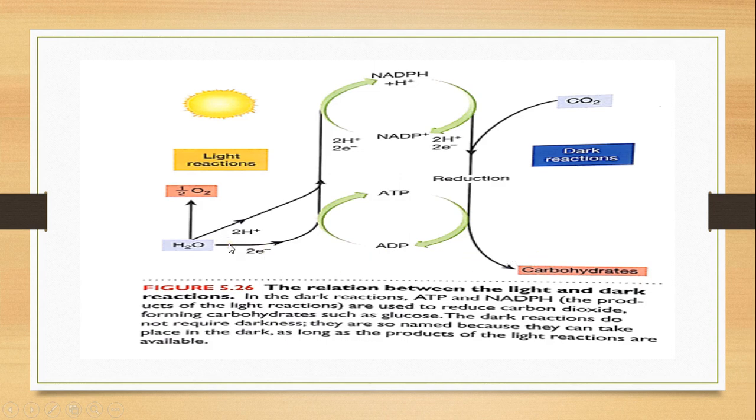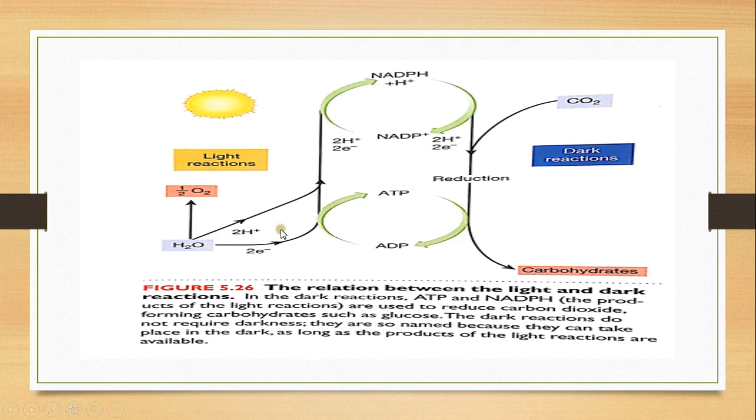The light reaction, which we discussed previously, produces NADPH, which I explained is a reduced form able to provide energy in the form of electrons or hydrogen, and this ATP can be utilized to further provide energy. So what happens?